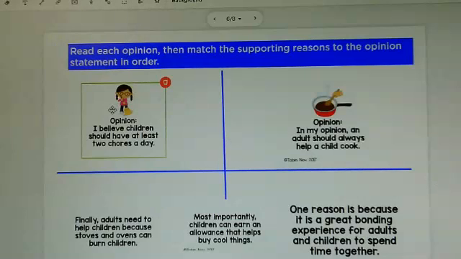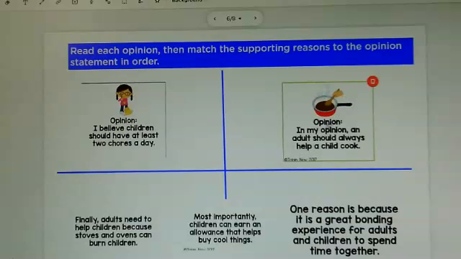So here's opinion number 1. It says, opinion, I believe children should have at least 2 chores a day. So all of the supporting reasons that I'm looking for need to be about chores. Here's the second opinion. In my opinion, an adult should always help a child cook.